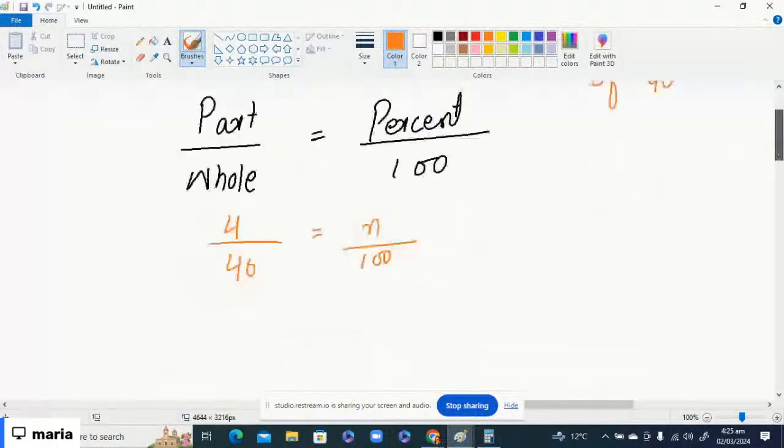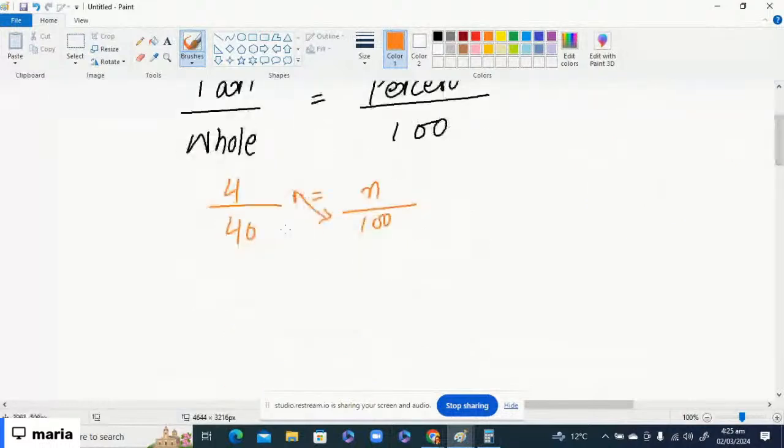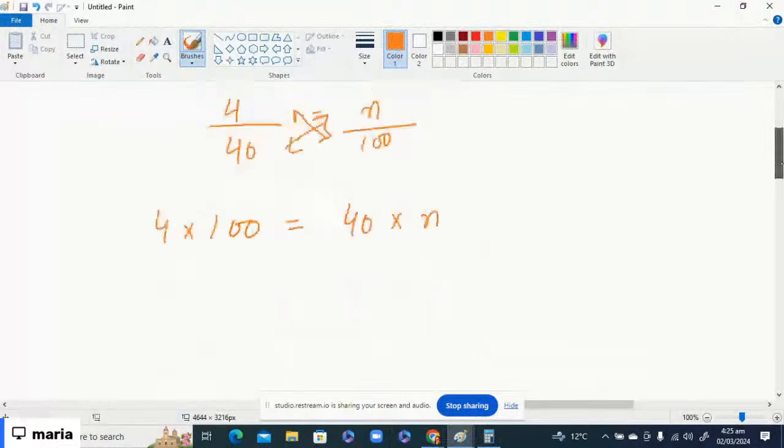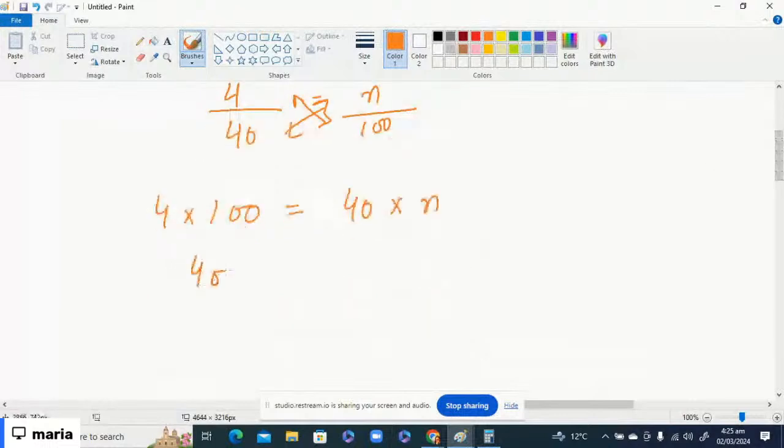Again the same thing, just cross multiply with each other. So it becomes 4 times 100 is equal to 40 times n. 4 times 100 is 400. That is equal to 40n.